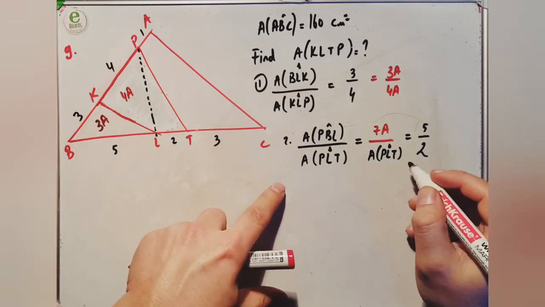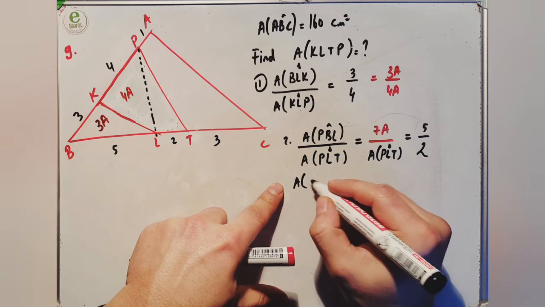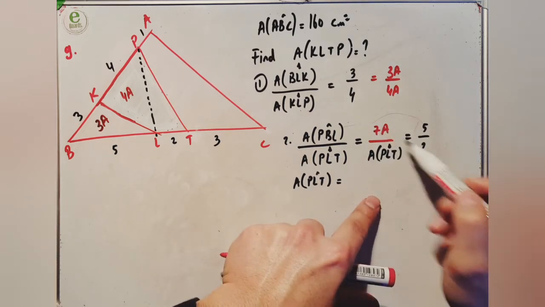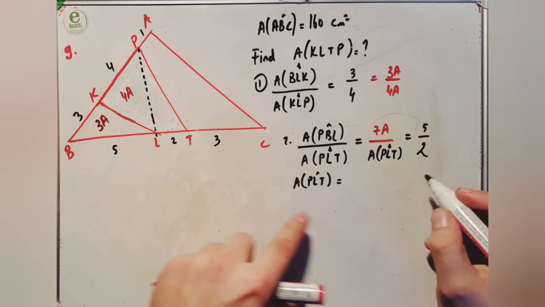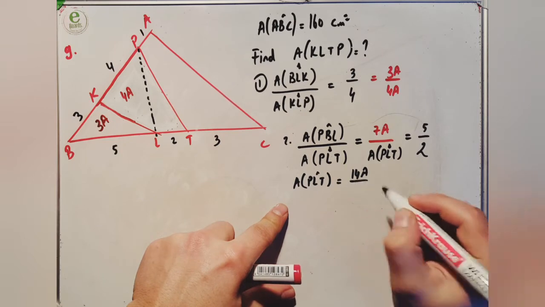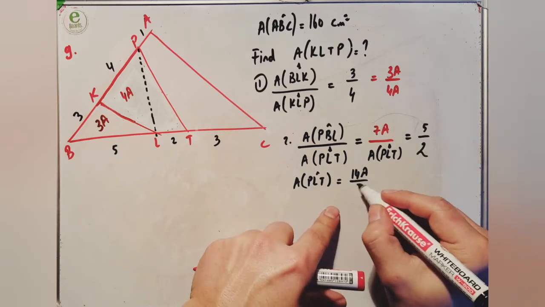So from here, the area of triangle PLT is 7A times 2, 14A over 5.